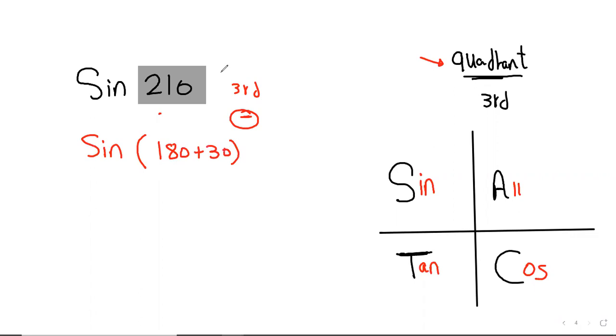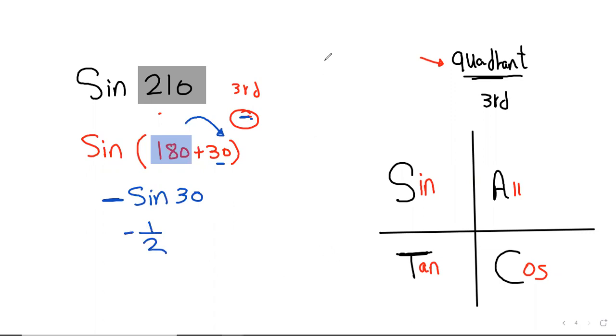So we take this angle, 30, and don't forget the sign of this function. It's negative, because 210 lies in the third quadrant and sine in the third quadrant is negative. So it's going to be negative sine 30, which is negative half.